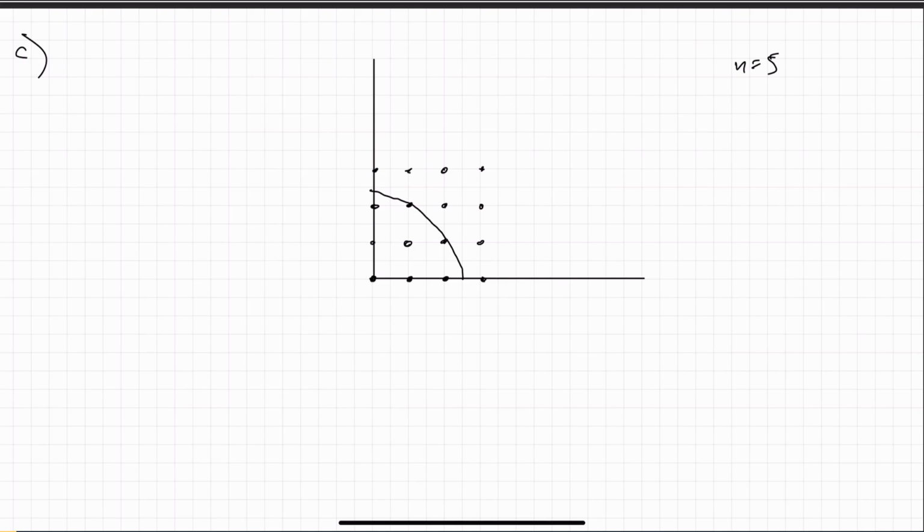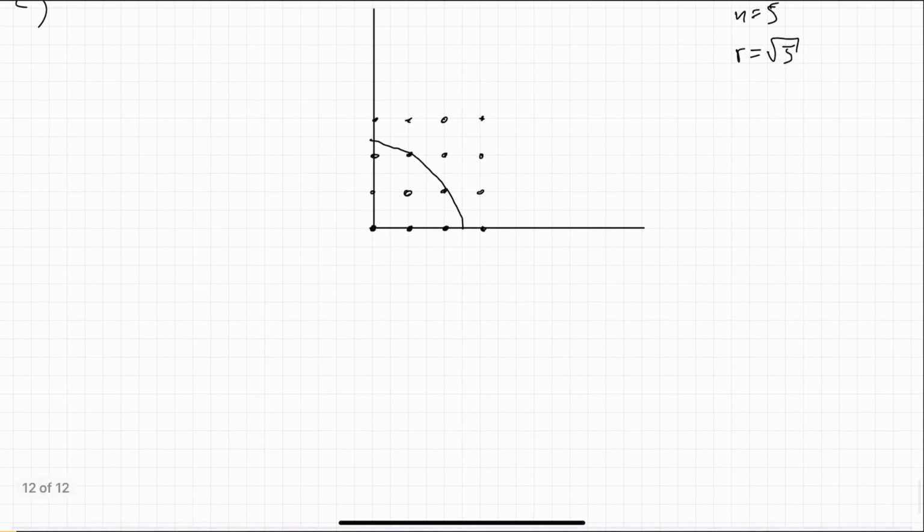Now in the case that n is equal to 5, then the radius is equal to root 5. So 2 points that we can fairly easily calculate are these, and similarly by reflection these. These 2 points are easy to calculate because all we have to do is say, okay, what is root 5?